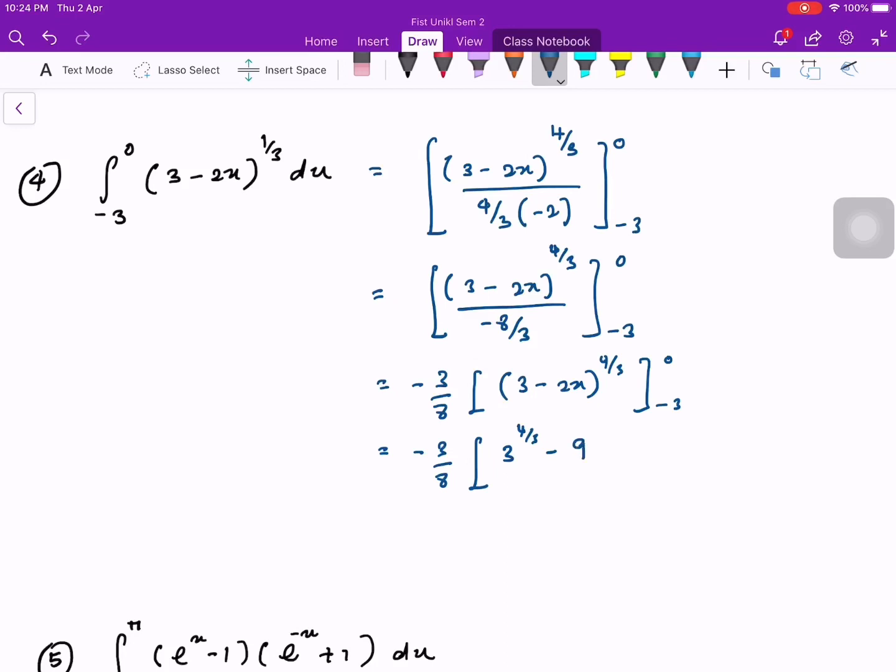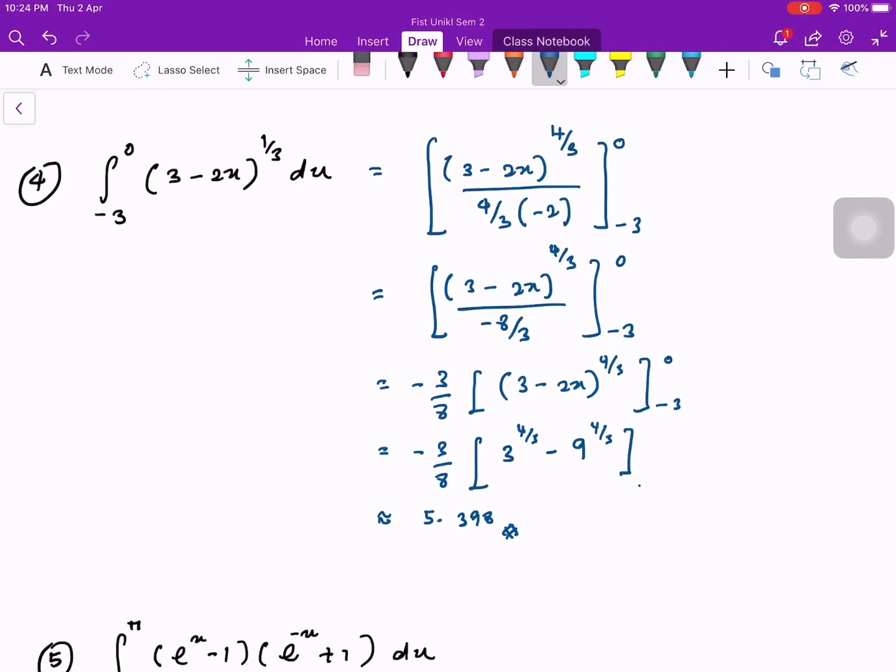So we have 9 to the power of 4 over 3. Okay, and by calculating this with calculator, kita akan dapat nilai dia adalah, kalau dalam perpuluhan, kita akan dapat 5.398. Okay, up to 3 decimal points.